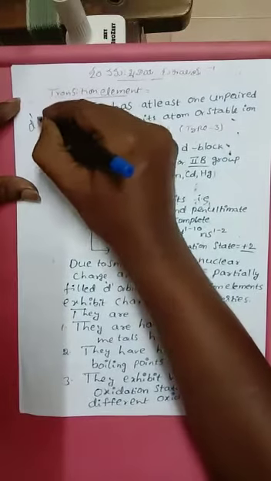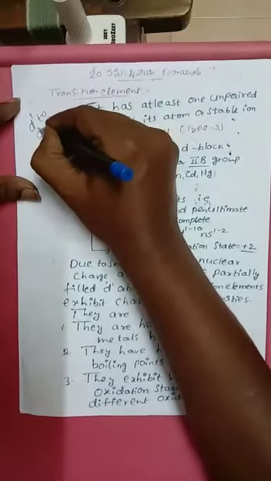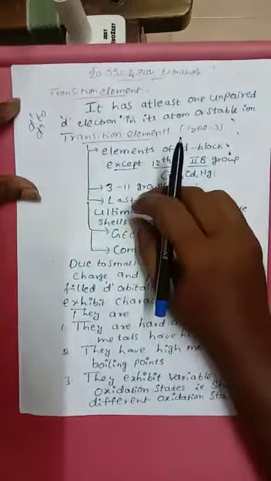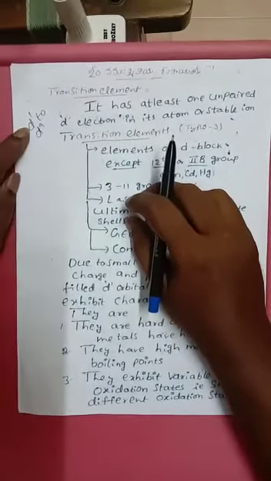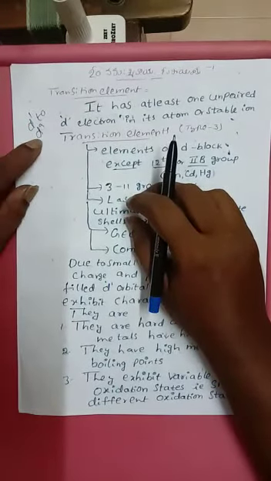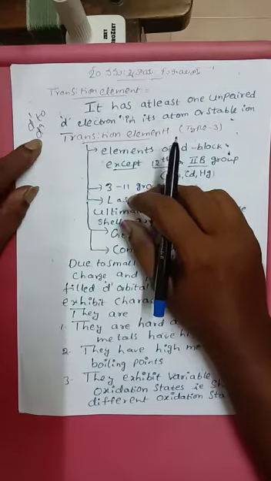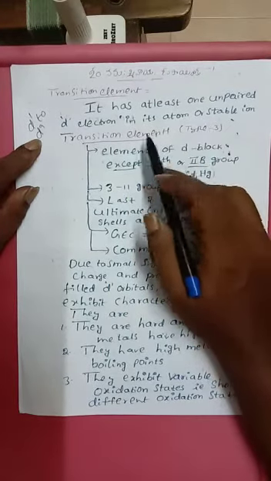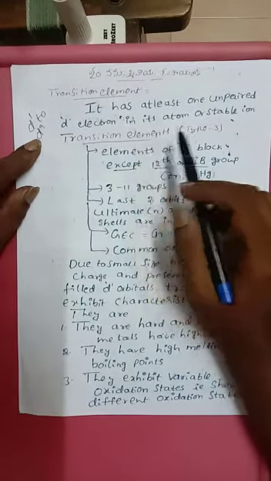If the element has d1 to d9 configurations, either in atom or stable ion, then those elements are called transition elements.